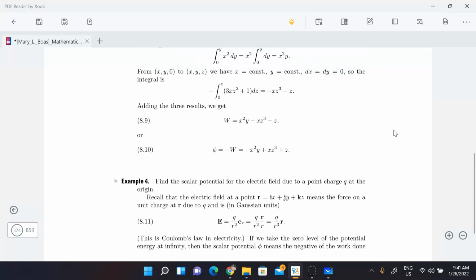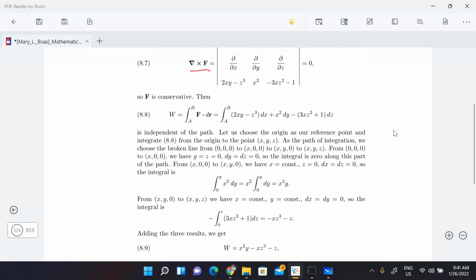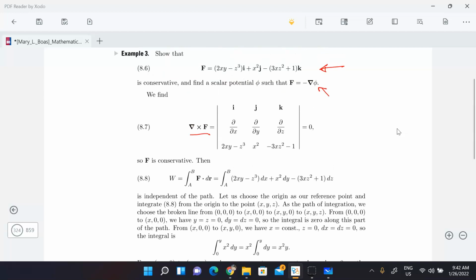So how to find the, well, in this particular case, your W is already the answer that you need. Let me just see how this actually works.